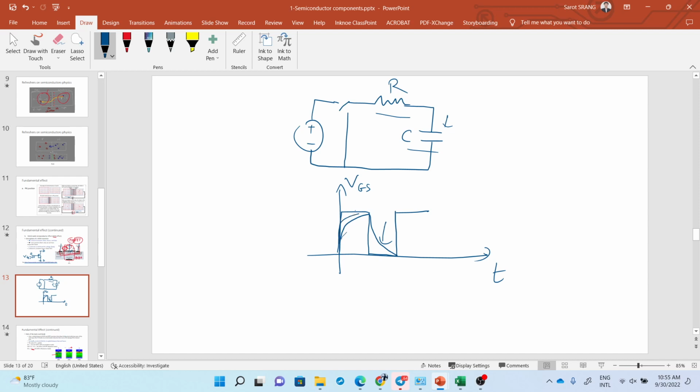Yet this one may be fine, but this one can be bad. I mean, for practicality, you may burn the MOSFET. So sometimes the MOSFET has to function like this.